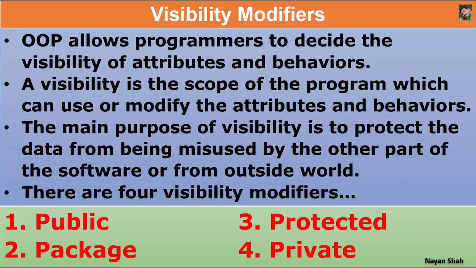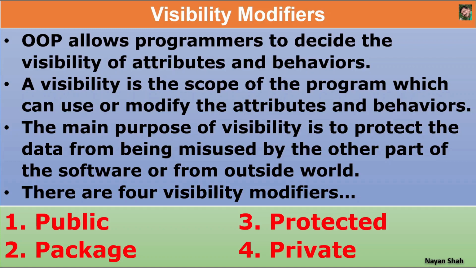If the next society nearby wants to come and use it, it is not allowed. It is only allowed to those who are staying in that society. There might be 300 flat owners, and all those 300 flat owners will have access to that swimming pool, but it is not publicly available. So that is package. Available to many, but limited.